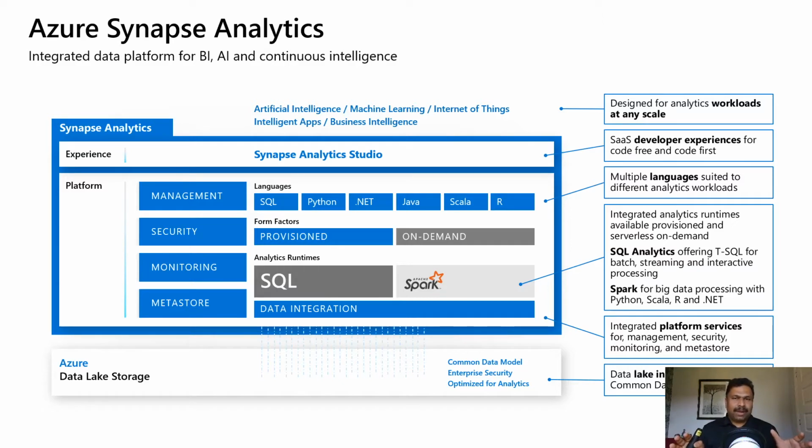And combining the power of both SQL and big data technologies such as Spark, if your data engineers are specialized in SQL, they can leverage the SQL runtimes, also called SQL pools in Synapse Analytics, and create and run SQL queries to process the data.